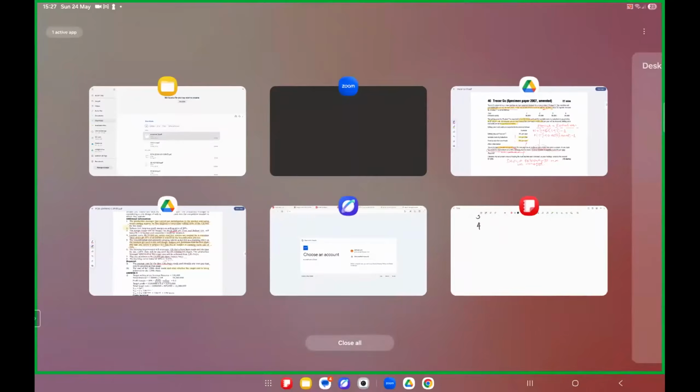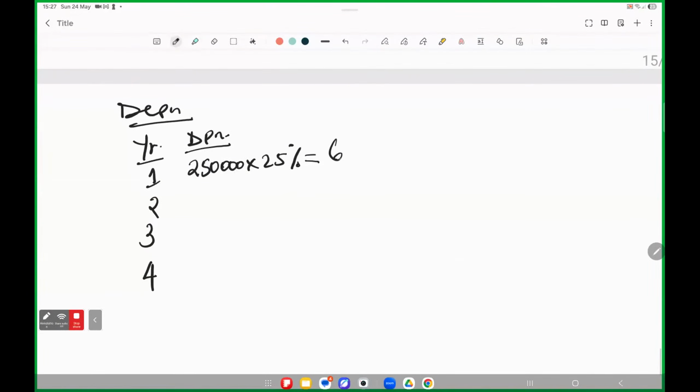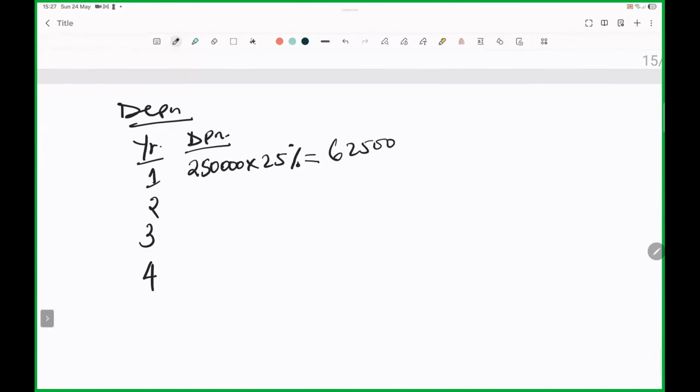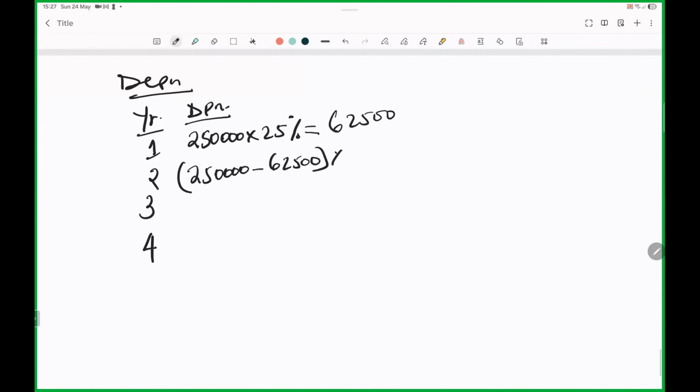I will be able to write here. Somebody is giving me a figure of 62,500. We go to year number 2. Remember this is reducing balance. I will take 250,000 that I began with, minus what I've lost in year 1, and whatever I get, times 25%. What figure do we have there?